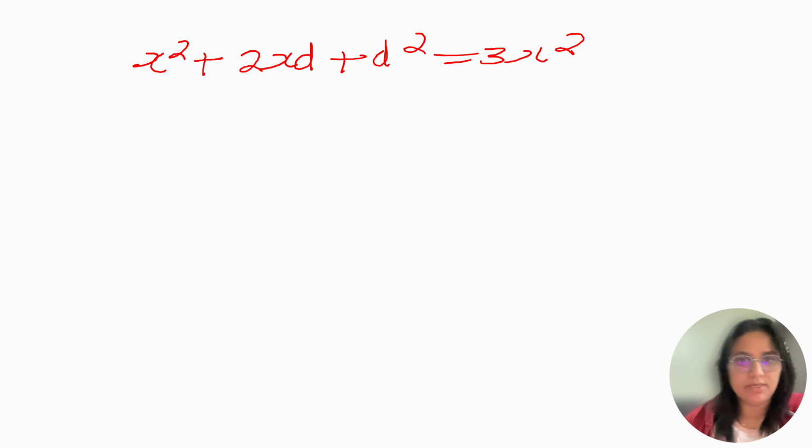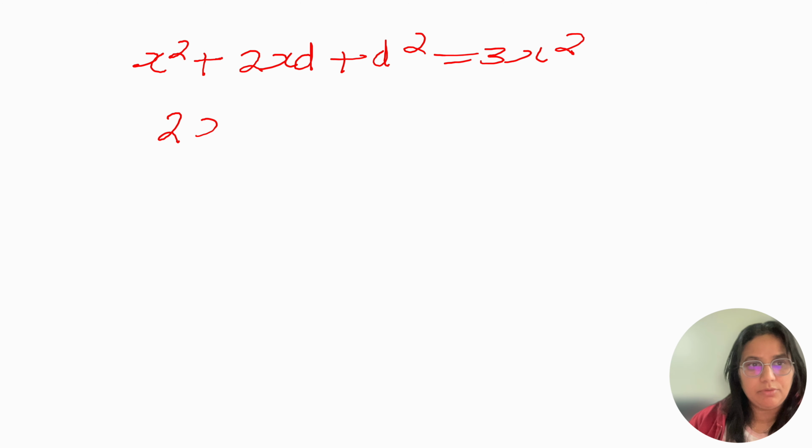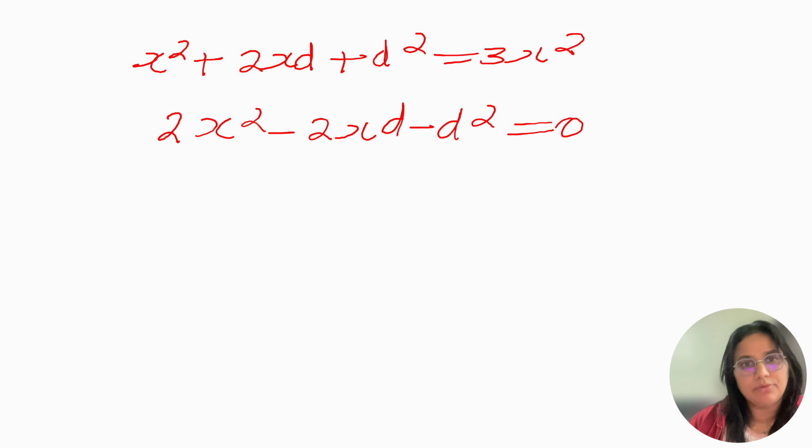Expanding with a plus b whole square equals a square plus 2ab plus b square, you get x square plus 2xd plus d square equal to 3x square, or 2x square minus 2xd minus d square equal to 0.